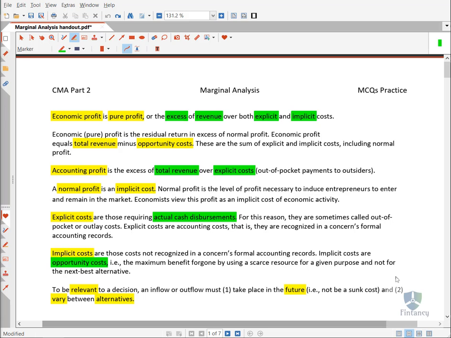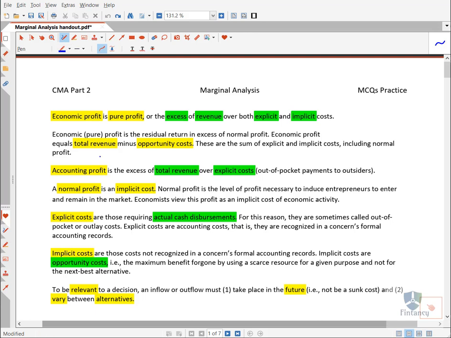Now see, I have highlighted for you some of these figures which are important for today's class, like economic profit, accounting profit, normal profit, right? What is explicit cost, what is implicit cost, okay? So all this you need to understand.